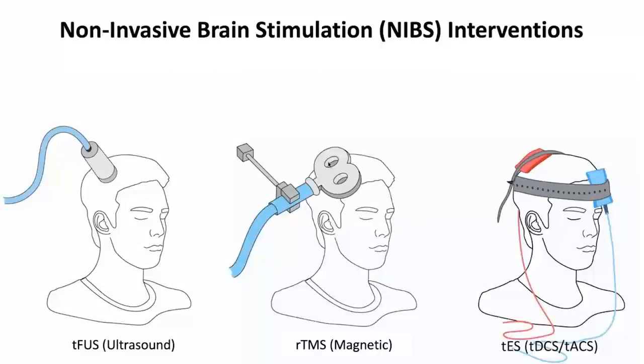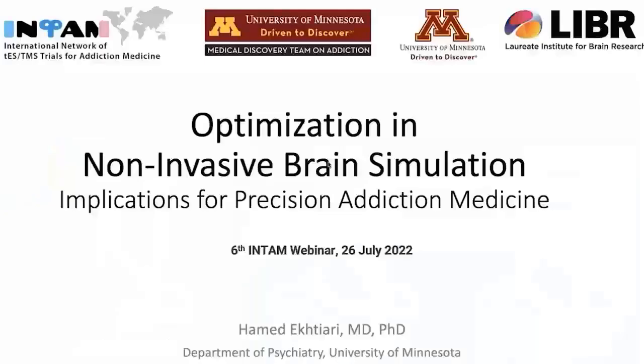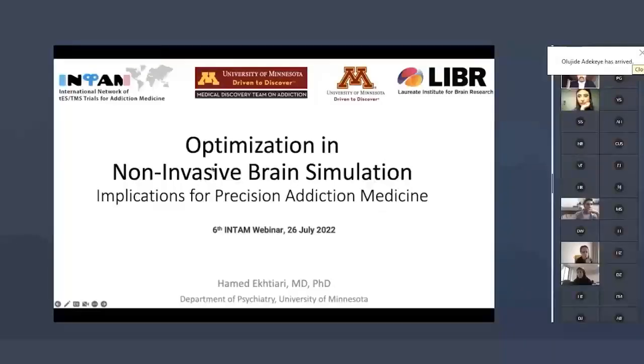We already have a list of different technologies that could be used as non-invasive brain stimulation technologies in addiction. But the question is how we can optimize those non-invasive brain stimulation interventions for people who are suffering from substance use disorder. And that is the main target of the webinar today.